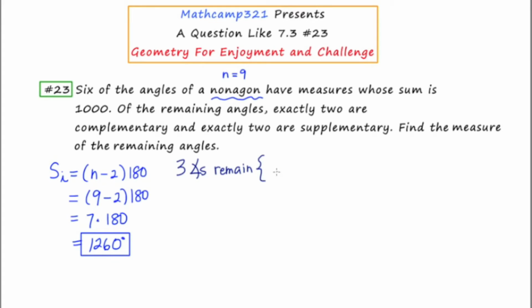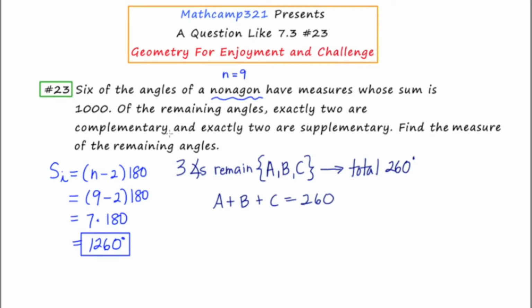And for convenience sake, let's call them A, B, and C. And if the first 6 add up to 1,000, then the remaining 3 need to give us the balance of 260 to give us that total of 1260. So this is going to suggest an equation. A plus B plus C equals 260.